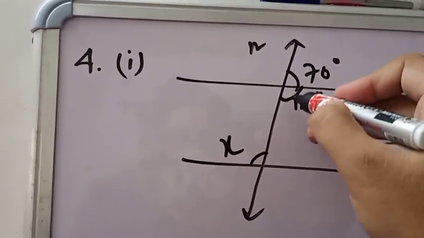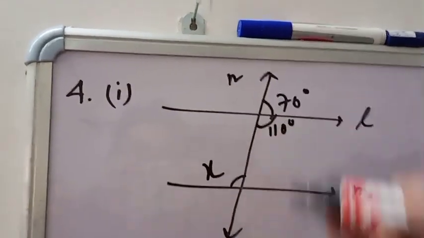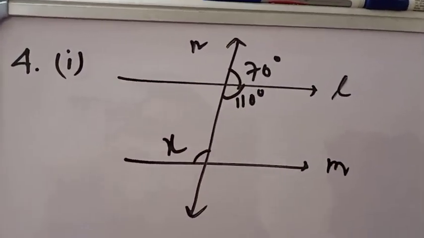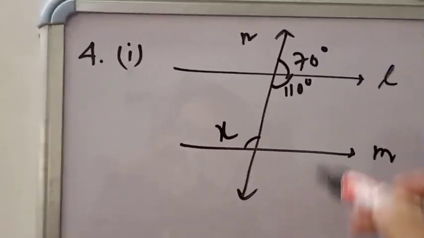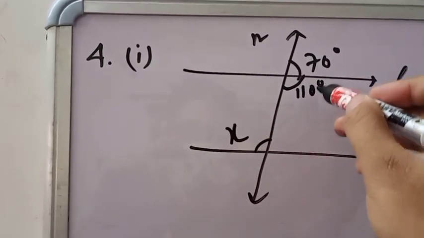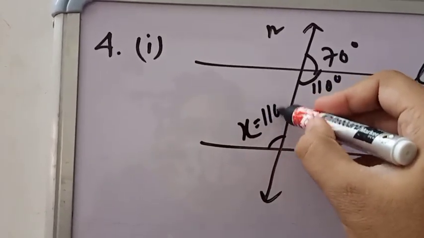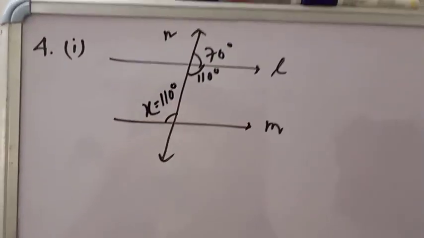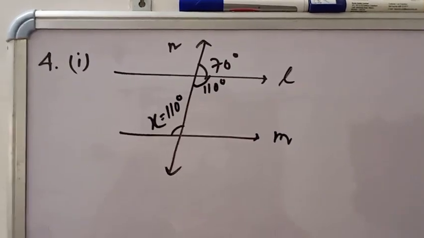Because these two angles are in a linear pair, so their addition is 180. So 180 minus 70 is 110. And this angle and this angle are alternate angles. That means this is 110. Clear?